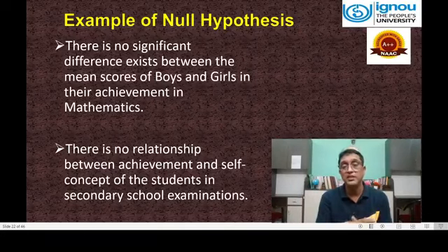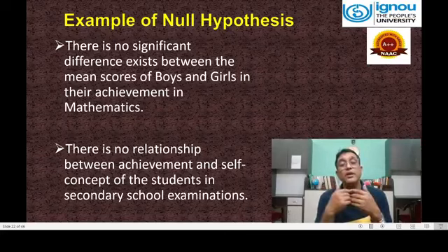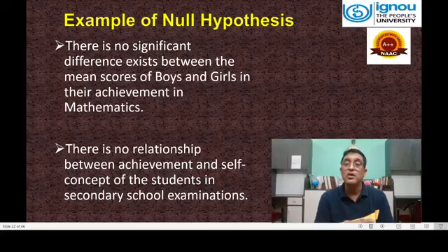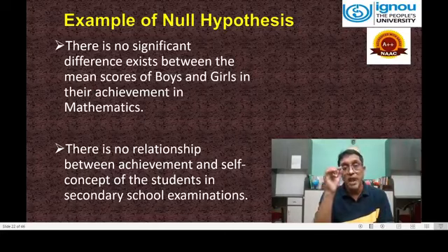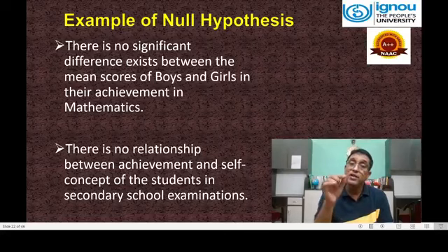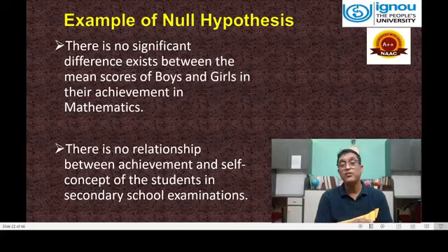You can use the t-test here and find out whether a significant difference exists, or whether boys and girls are doing in a similar way, and their achievement is more or less the same, or really different. You will be able to say this after testing the hypothesis statistically. So beforehand you cannot say whether boys or girls will do better.